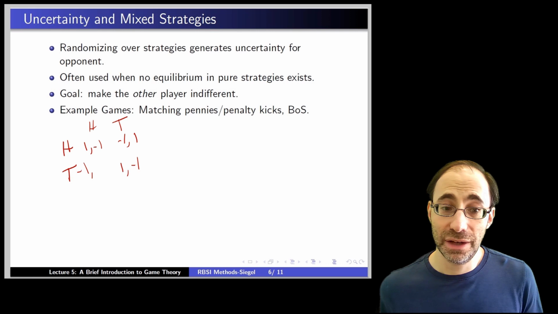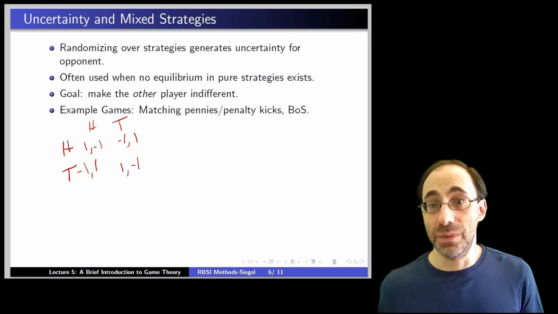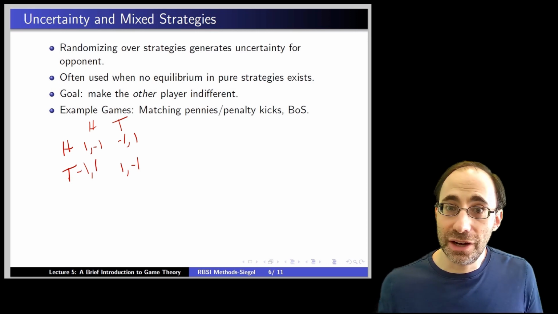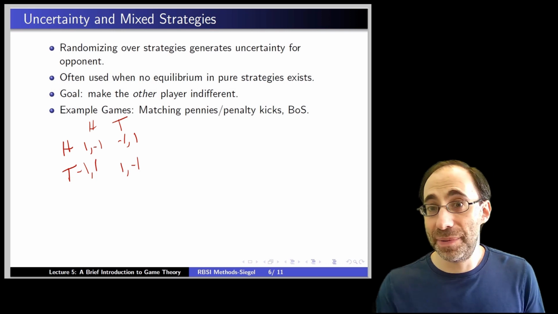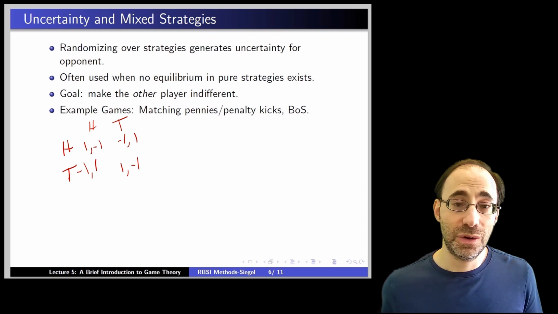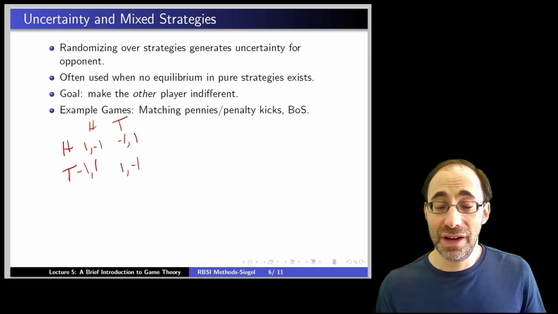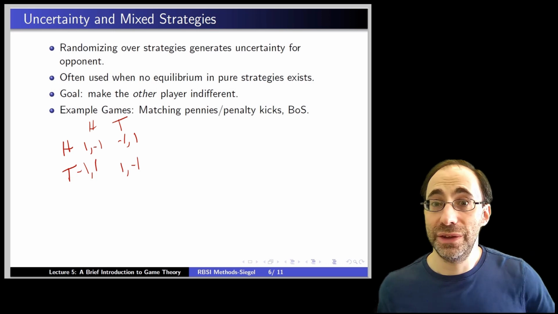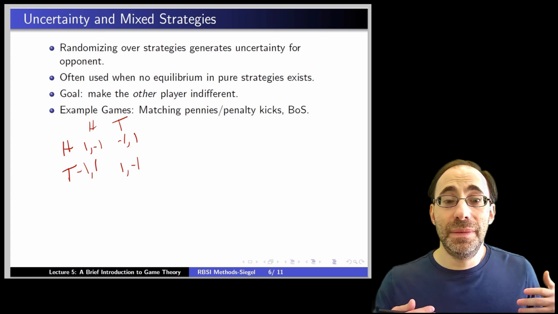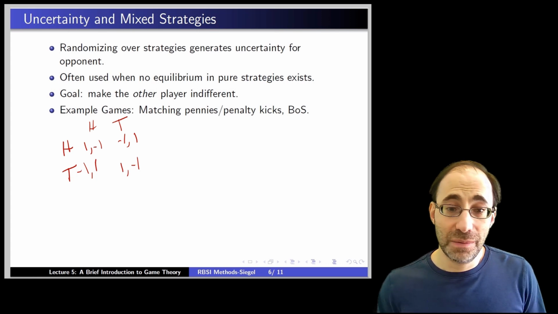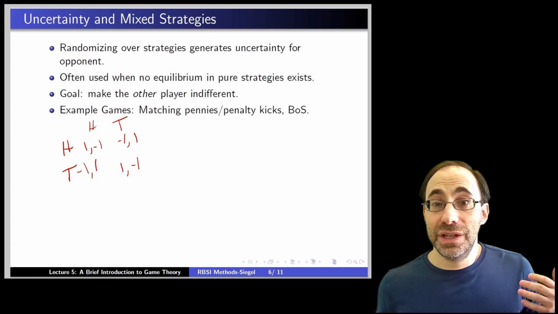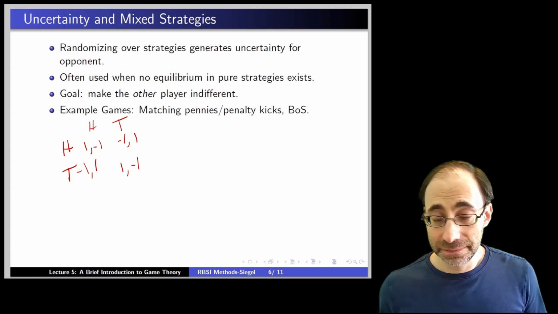So when there's heads and tails, or tails and heads, player 2 gets a 1. In soccer penalty kicks, the kicker wants to kick in the opposite direction that the goalie jumps into. Or if player 2 is the attacker in any kind of context, they want to go where the defender isn't. These kinds of games are generically called matching pennies, and they have this payoff structure, or a similar one.